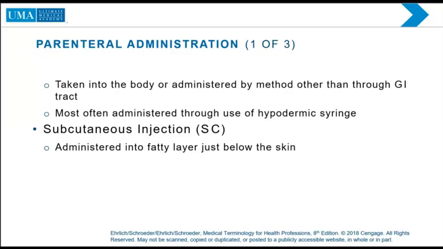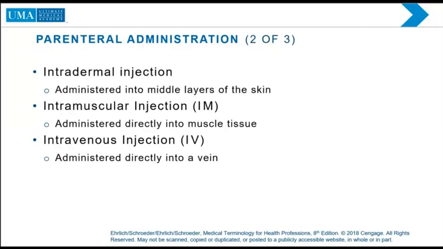A subcutaneous injection is administered into the fatty layer just below the skin. Intradermal injection is administered into the middle layers of the skin. Intramuscular injection, IM, is administered directly into the muscle tissue. And IV, intravenous injection, is administered directly into the vein.